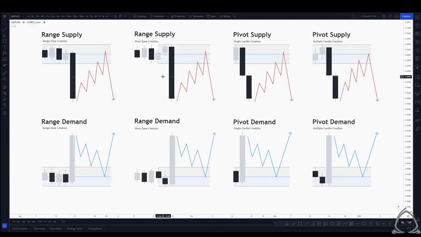Another way that you can draw range-bound supply and demand, also using the concept of pivot supply and demand, and this is where the two can be interchangeable, is when you have that overall range in supply, what you can see is we have two candles, two up candles, and then we have this massive move to the downside.